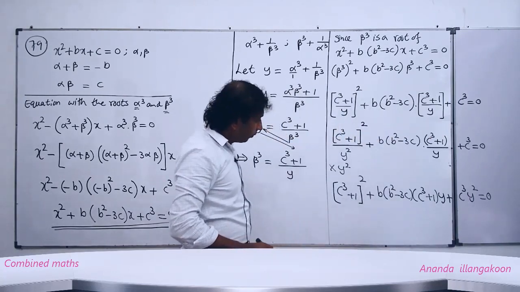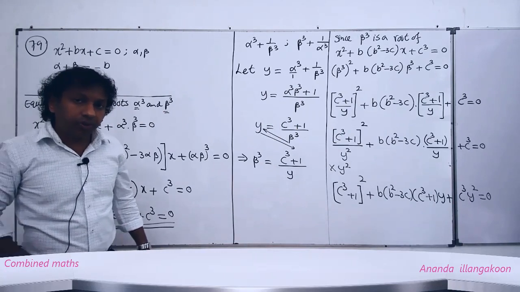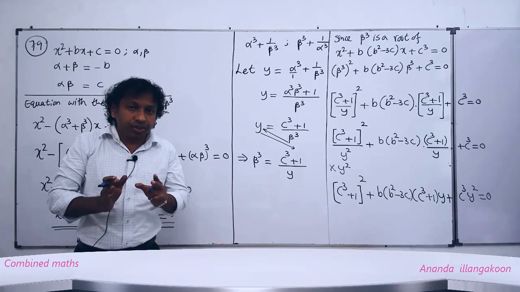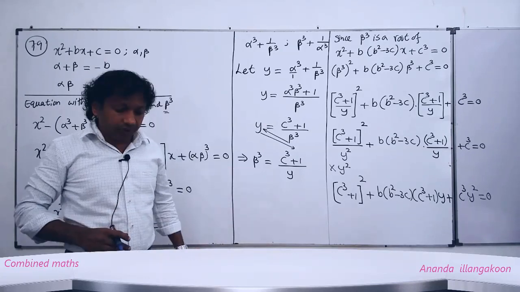Now we can write x for y, writing first x squared, then x and the others, equals 0. We get the required quadratic equation.